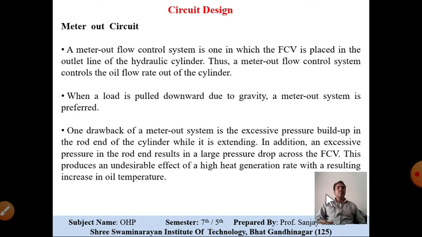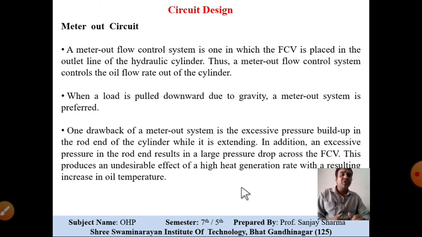So friends, I hope all the points are clear to you. Let us just brief it. Meter in circuit is used to control the extending speed of the actuator, and meter out is used to control the retracting speed of the hydraulic cylinder.